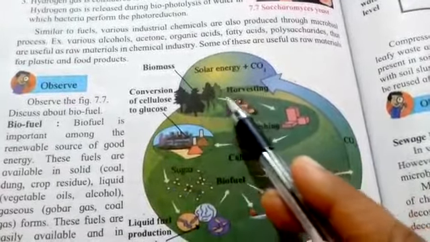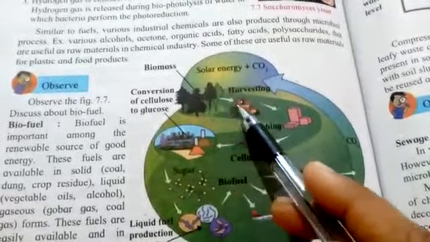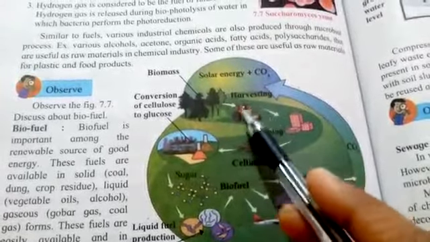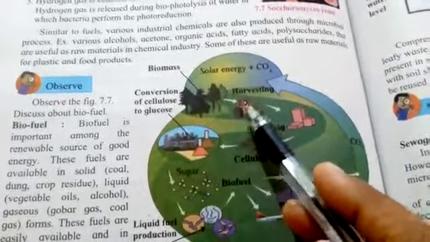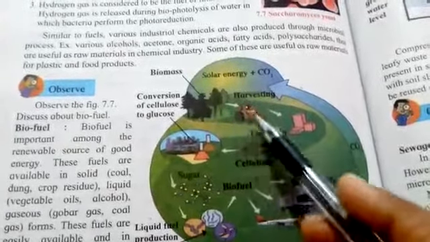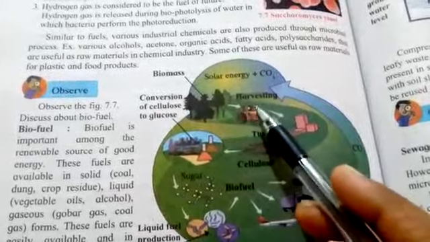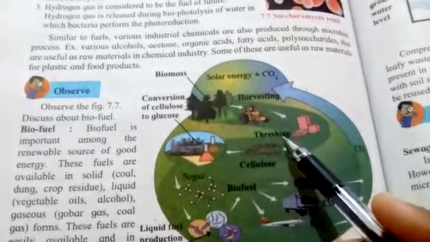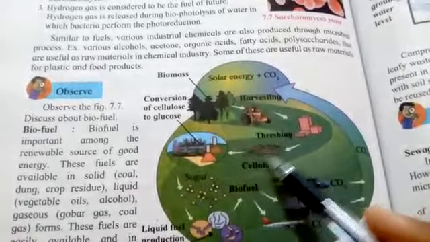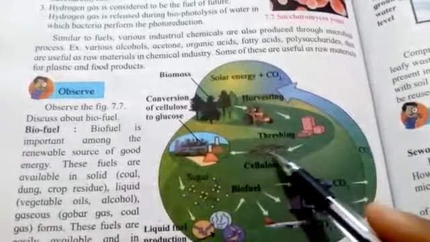Also one thing is given over here, that whenever the crops are ready for harvesting, the harvesting is done, that means the standing crops are cut for the collection of grains. Then after harvesting, threshing is done. That means the grains are separated from the rest of the irrelevant part of the crop itself, so that part is rich in cellulose.